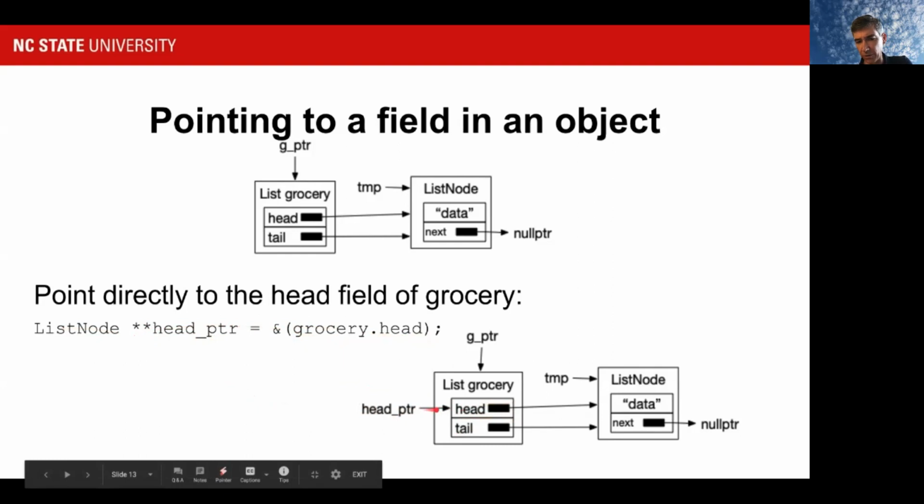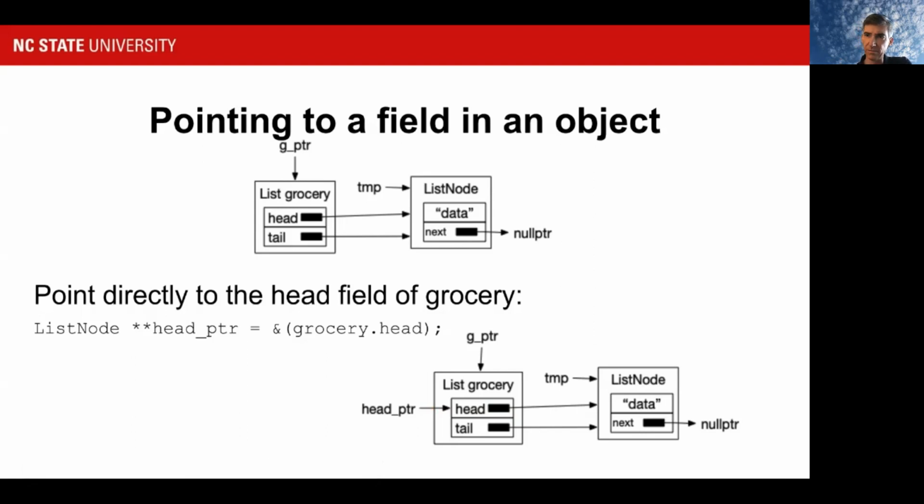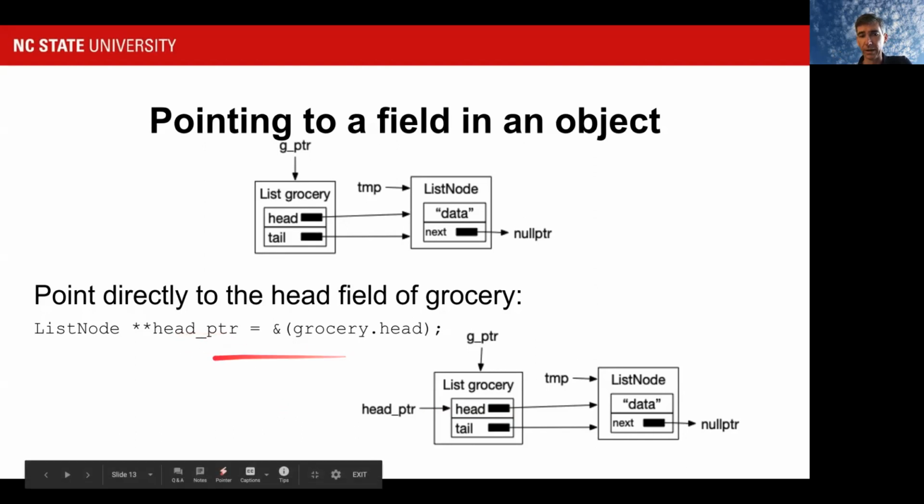And so now when I draw this pointer, I draw it going all the way into the head to reflect the fact that it's not pointing to the grocery object as a whole. It's pointing specifically to the head field in the grocery object, but not somewhere else. So where I draw these arrows really matters a lot. I can make an arrow go anywhere I want it to go just by having the right kind of code over here.